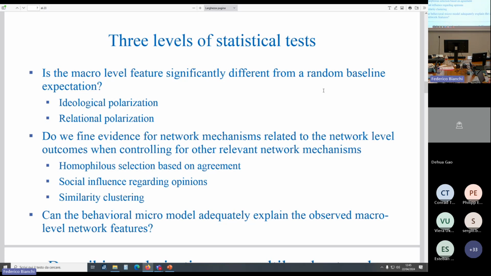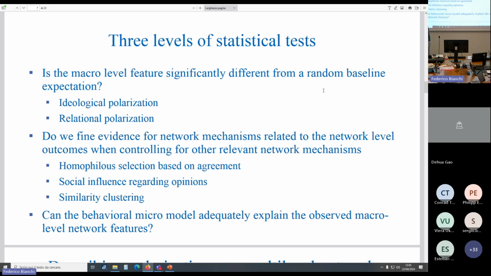And the second dimension is ideological polarization, whether in general we can partition the network into parts where everyone in one part would agree with certain policy items but disagree with others, and vice versa. People on the other side would oppose the items that the people in the first cluster agree with, and agree with the items that the people in the first cluster disagree with. So, two different dimensions.